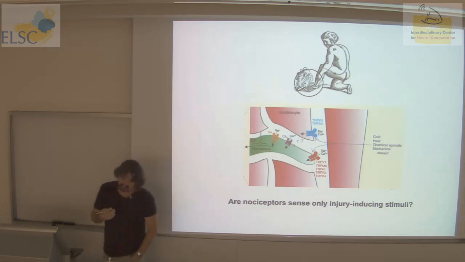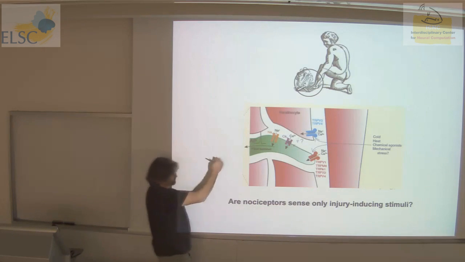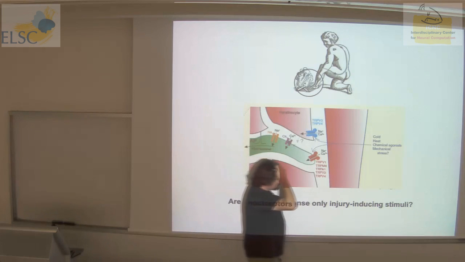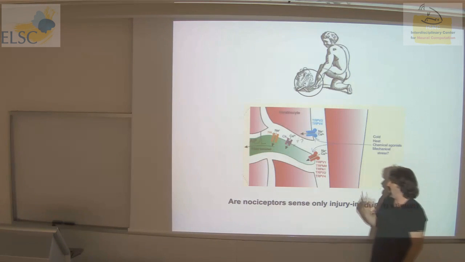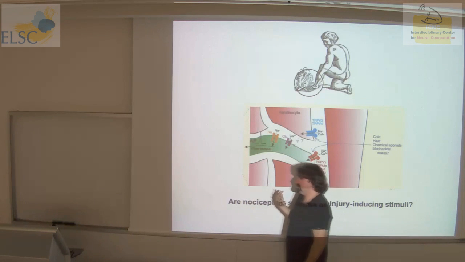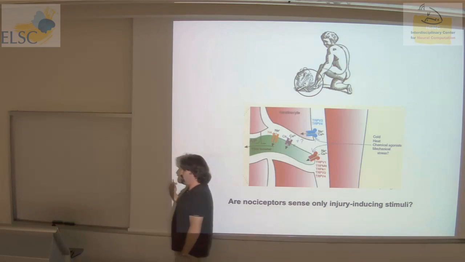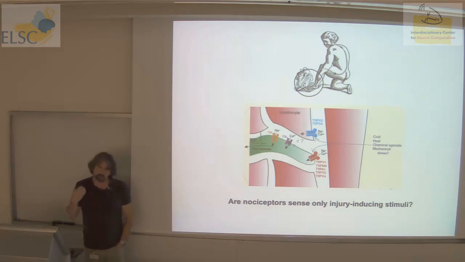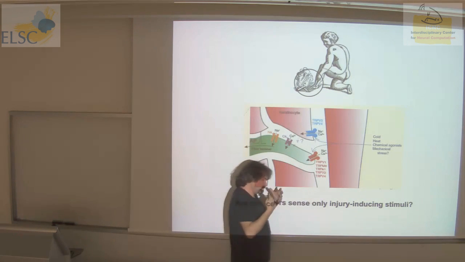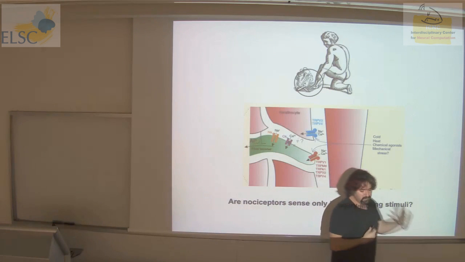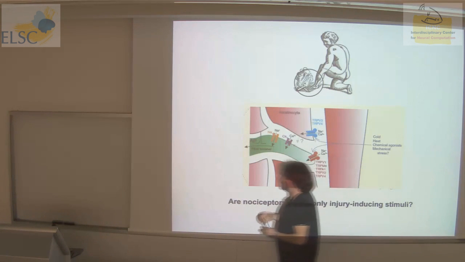The question that we asked when we looked at this terminal is whether only noxious stimuli or injury-induced stimuli can activate it. It would be interesting if inflammation could also be sensed directly by pain fibers, so we would be aware immediately of the inflammatory process that takes place in our body.